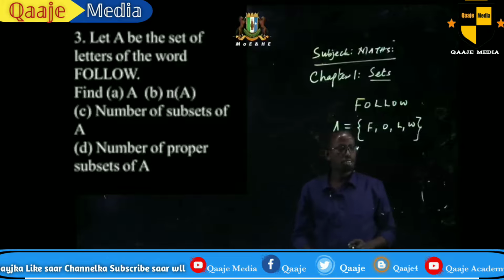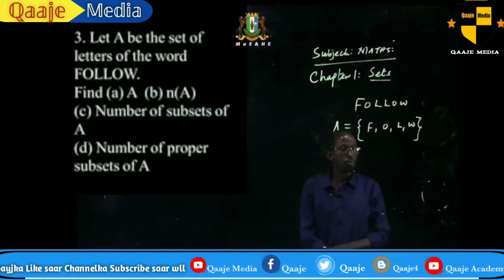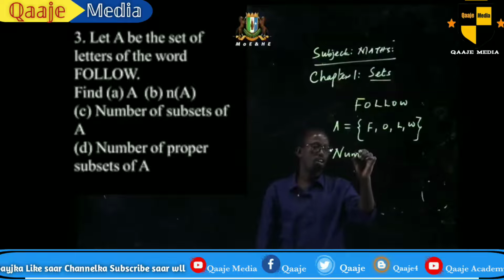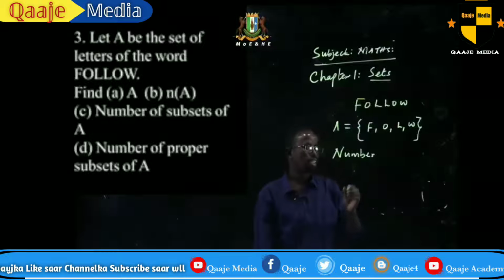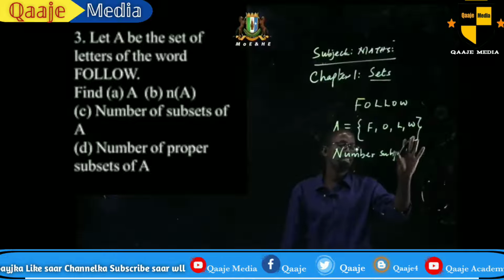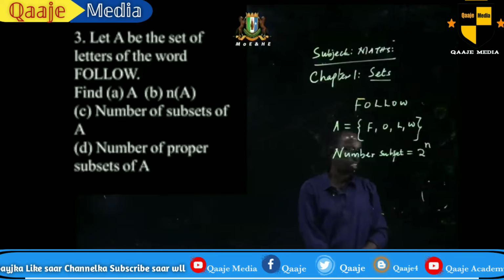The next one is the number of proper subsets. The number of subsets, which depends on the cardinality of the set, is 2 power n, where n is the number of elements in the set.